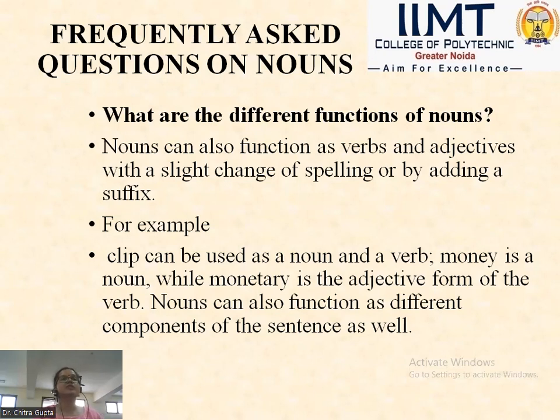So I hope you all have understood about nouns, and there is no query left with you about what nouns are, and you can easily explain to all the people if anybody asks you what nouns are.